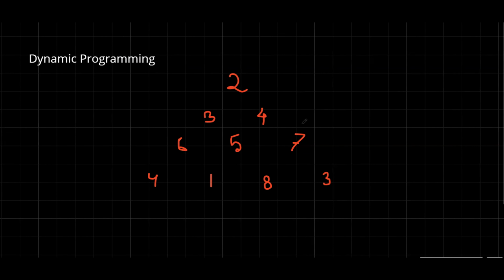Now, to solve this problem, we have taken the first example. The first row has the value 2. The second row has 3 and 4. The third row has 6, 5, and 7. And the fourth row has 4, 1, 8, and 3. So we have to find the minimum cost from the top row to the bottom row. At first, we have to take 2. Now, from 2, for the next step, we can take either 3 or 4.